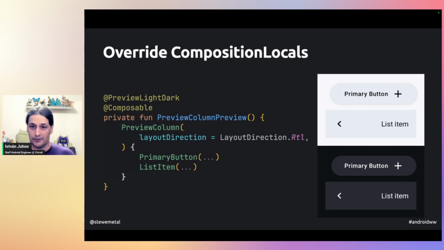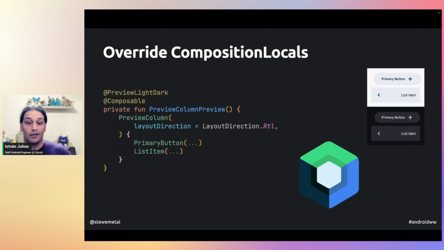Of course, you can do this with the preview annotation, but as soon as you're using multi-preview annotations, you lose that capability. And yeah, pretty much that's it. You have to juggle with some trade-offs here and there. Of course, this works with Jetpack Compose and Android Studio, pretty much standard Jetpack Compose stuff.